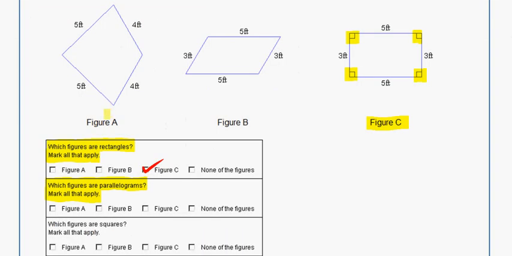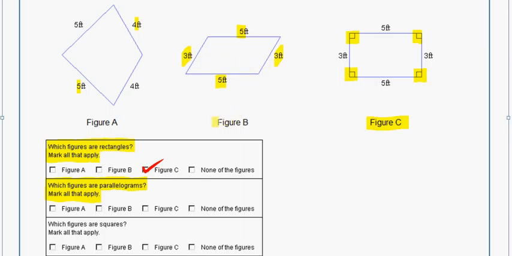So let's look at our figures. Figure A is not a parallelogram because this side is 5 feet and the opposite side is 4 feet, so they're not parallel or the same length. Figure B is a parallelogram because we have 5 feet and 5 feet on opposite sides and they're parallel, and 3 feet and 3 feet on opposite sides and they're parallel.